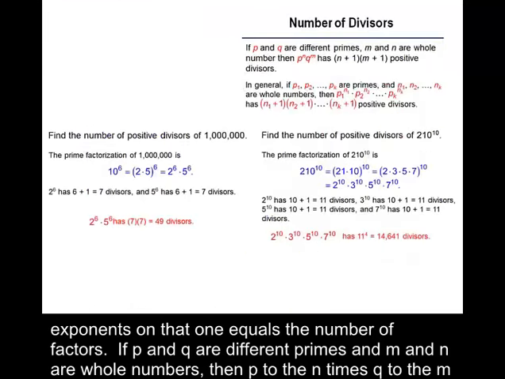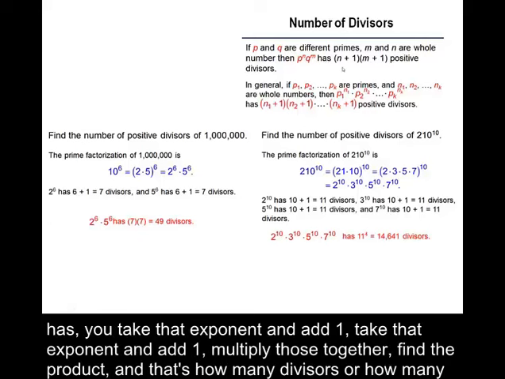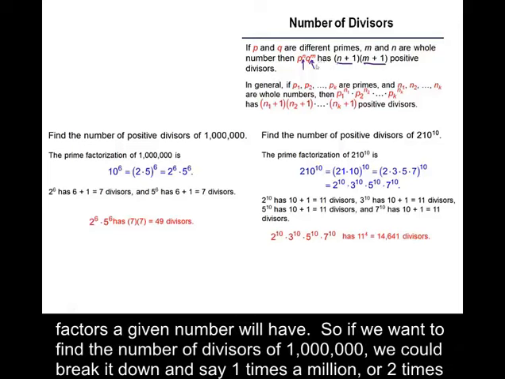If P and Q are different primes, and M and N are whole numbers, then P to the N times Q to the M has, you take that exponent and add 1, take that exponent and add 1, multiply those together, find the product, and that's how many divisors or how many factors a given number will have.